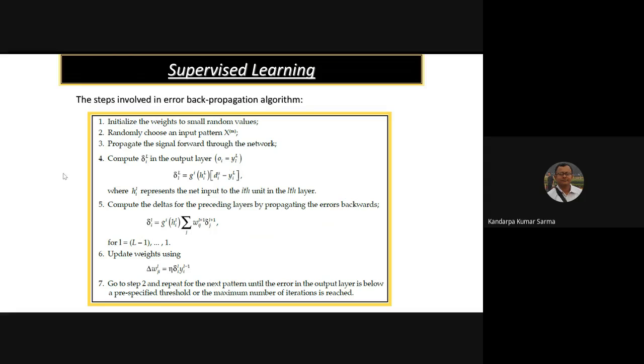Then you need to find out a del, that is the gradient function. So the difference between what you want and the current response from the network.